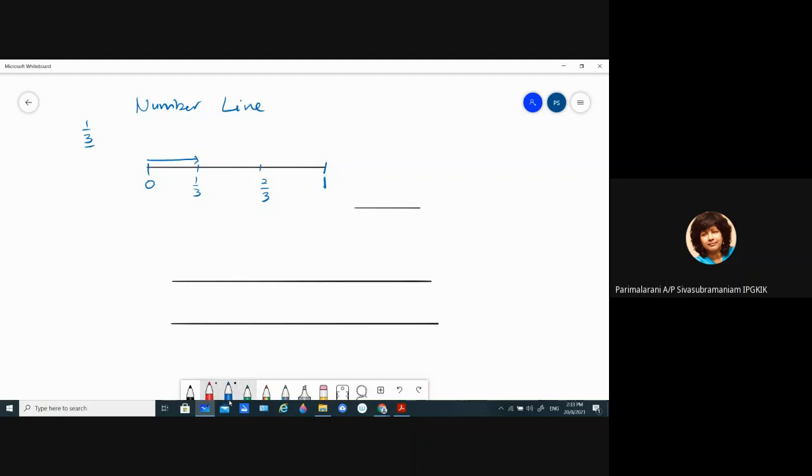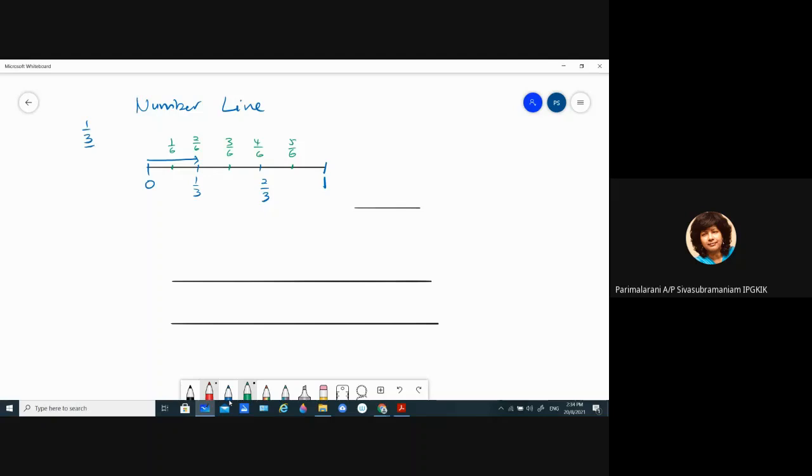So our fraction is 1/3. If we want to find an equivalent fraction for 1/3, on this same number line, the same length, we can divide it into further parts. Say we divide each part into another 2 equal parts. Now there are 6 equal parts, so the fractions are 1/6, 2/6, 3/6, 4/6, 5/6, and 6/6, which is 1.